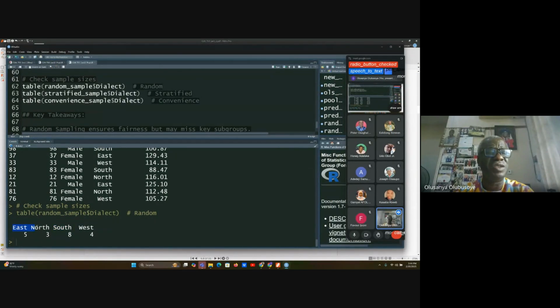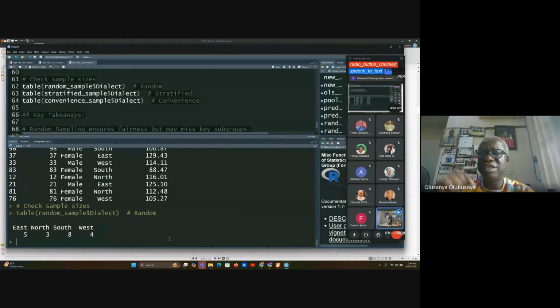So if we want to take into consideration the group, then we might need to use stratified sampling, so that the dialect groups are fairly represented too.